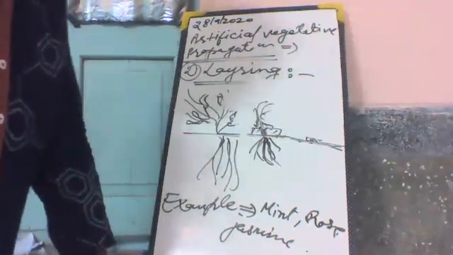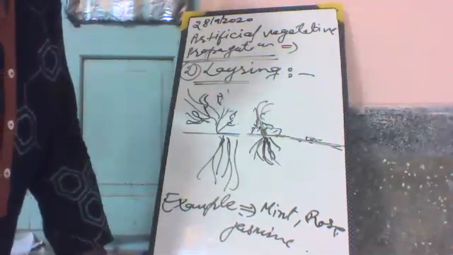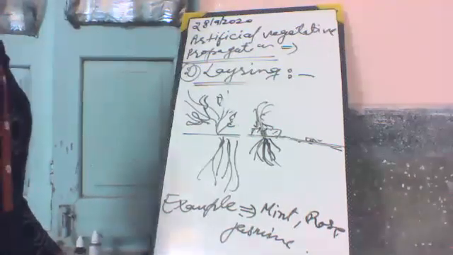Now the third method of artificial vegetative propagation is grafting.